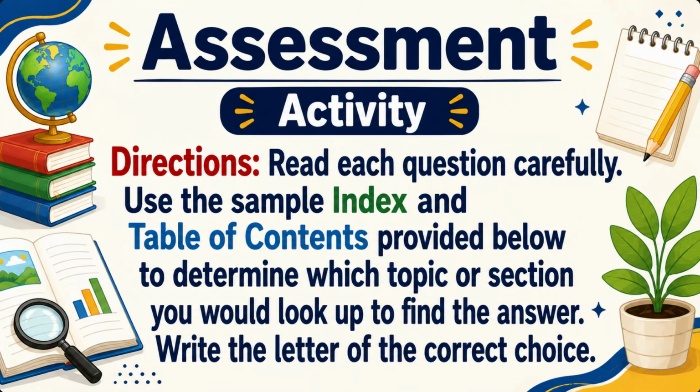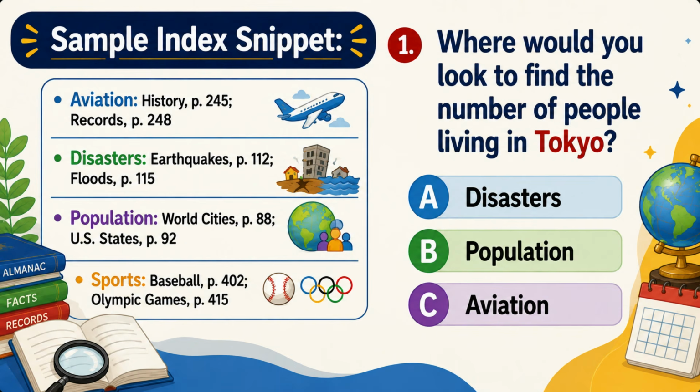This time, please get your pens and notebooks. Assessment. Directions. Read each question carefully. Use the sample index and table of contents provided below to determine which topic or section you would look up to find the answer. Write the letter of the correct choice. Sample index snippet. Aviation.